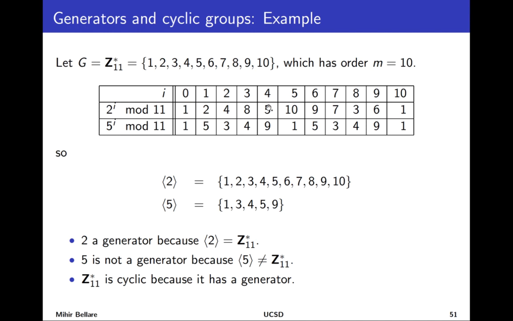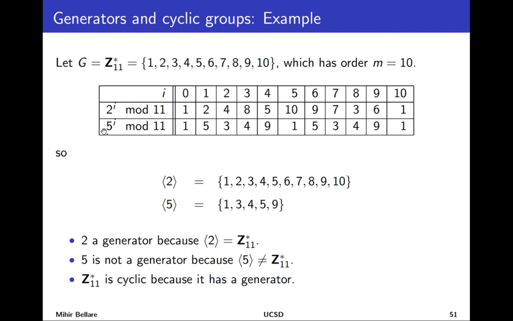Moving from one square to the other is just multiplying by 2. 2 to the power 5 is twice 2 to the power 4. So to move from here to here, I just have to double what's here and take it mod 11. So 2 times 5 is 10. 2 times 10 is 20. 20 mod 11 is 9. 9 times 2, 18, mod 11 is 7. 7 times 2, 14, mod 11 is 3, and so on.